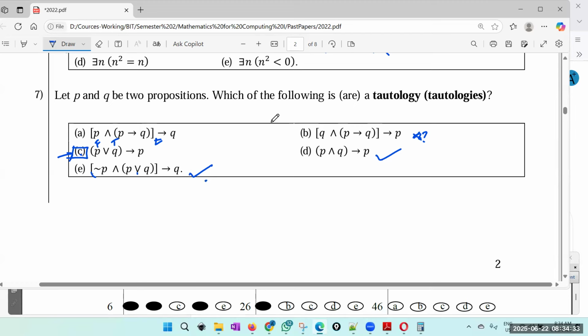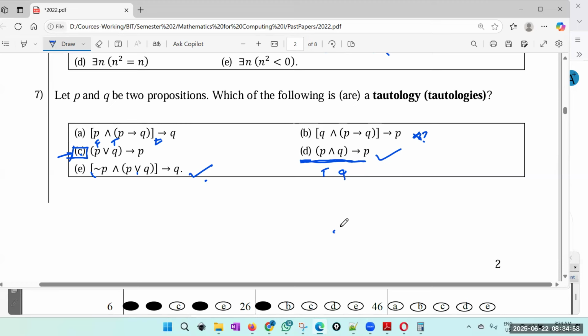Sir, I don't think D is true. Which one? D. D means this one. What is your logic? If P is true and Q is false, the outcome will be false. But if Q is false, then this is false. But this says when this is true, this is true.